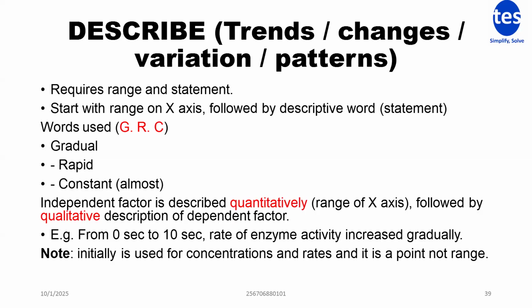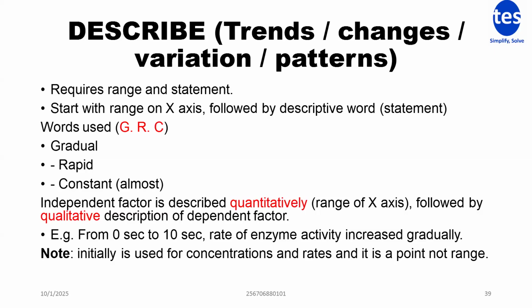The independent factor on the x-axis is described quantitatively, using figures, for example from 1 day to 3 days. We use numbers, digits, not words. And then for the y-axis, we use qualitative descriptions.